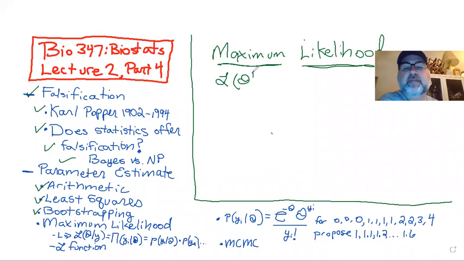The likelihood of that value given y is equal to the multinomial of y given theta, right? It's, oops, let me fix this here.